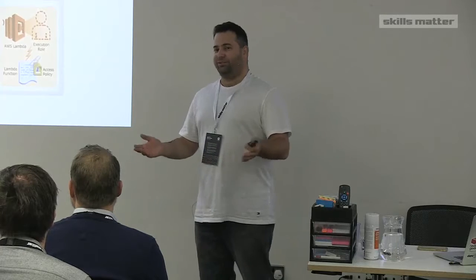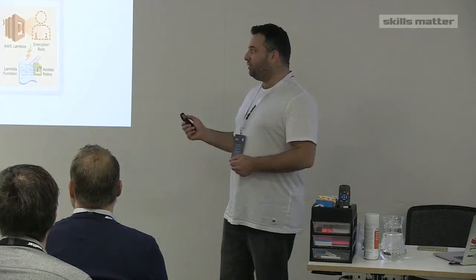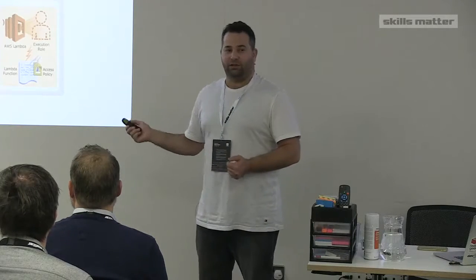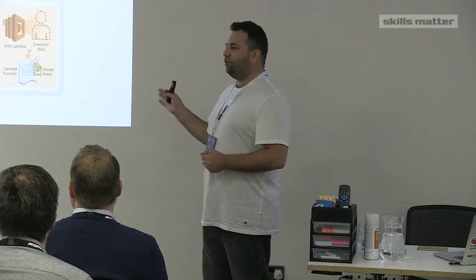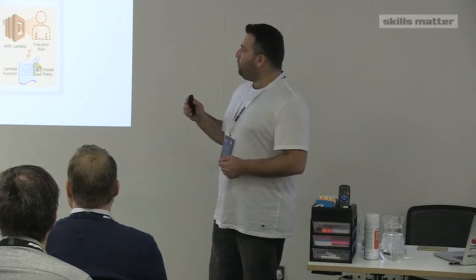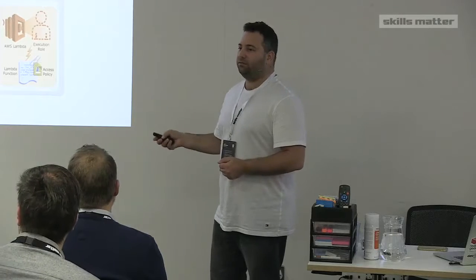Usually the way we do it, we just give it root and we forget about it. So here we have the constraint that we have to define the policy that Lambda needs to follow. And if it doesn't, it just won't work. We will get errors, which is, in my opinion, a very big plus of using Amazon.